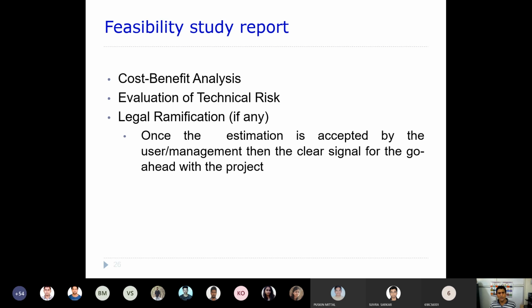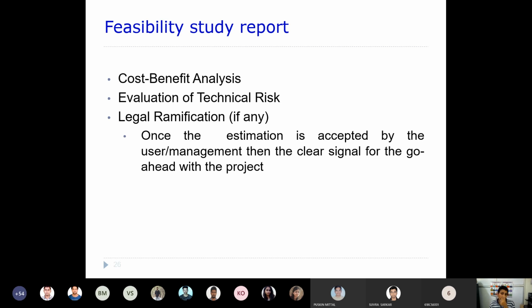You also need to mention the cost benefit analysis and the evaluation of technical risk, if any risk is involved in the technical part. How you are going to evaluate them must also be part of the feasibility study. And then any legal ramifications, as I said before: once the estimations are carried out, they need to be accepted by the user as well as management, and only then can we go ahead with the project.